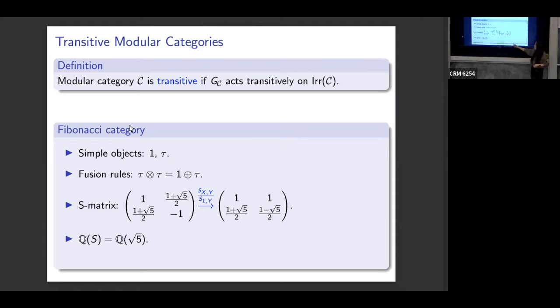Notice that Q adjoining the entries of S is the same as Q adjoining square root of 5, and the non-trivial Galois element acts on the S entries by permuting these two columns. Basically this gives us a transitive action on the set of simple objects.